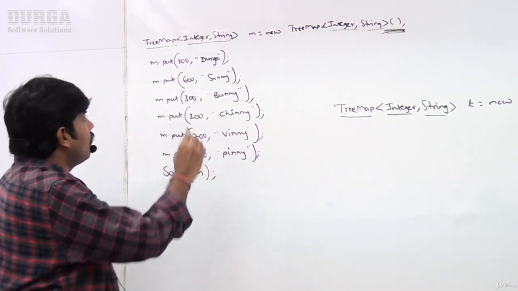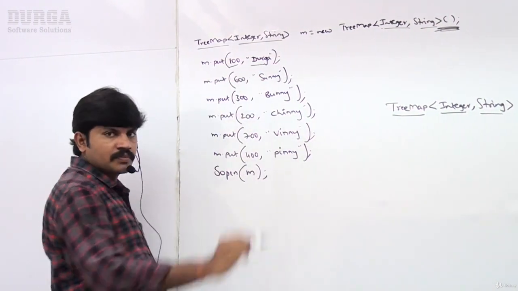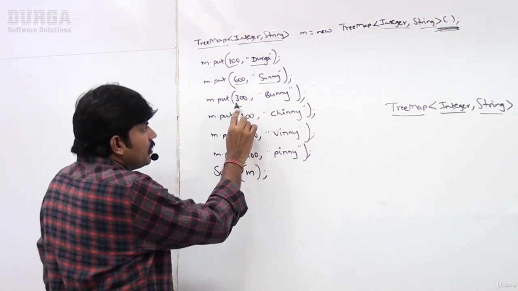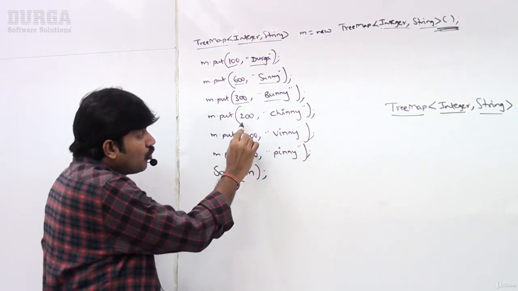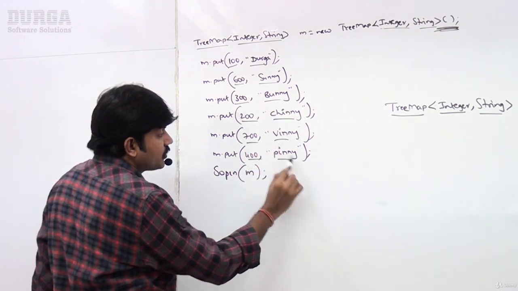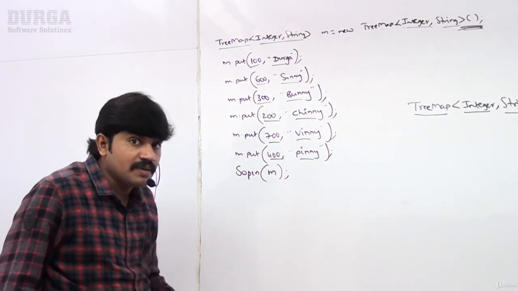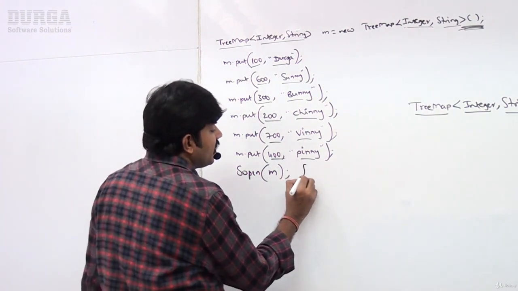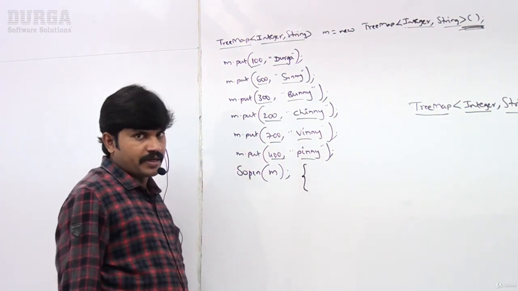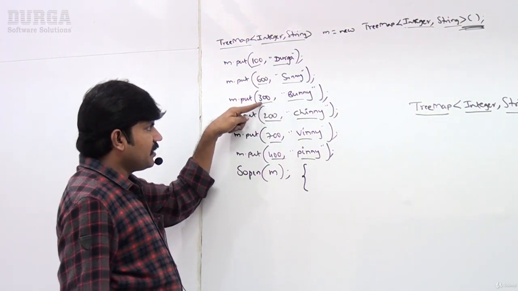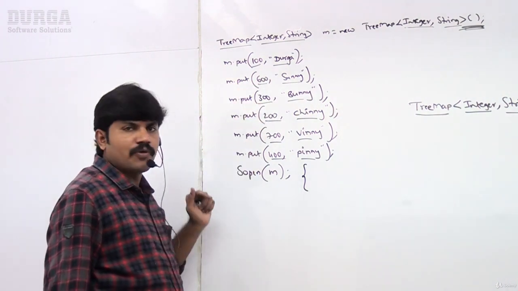Now 100 Durga: 100 is the key, Durga is the value. 600 Sunny, 300 Bunny, 200 Chinny, like this. Can you please tell the SOP of m? What is the answer? Curly brace open, ascending order of keys.